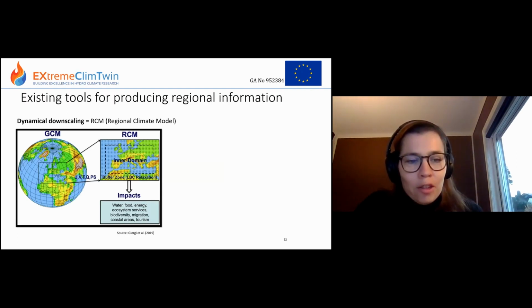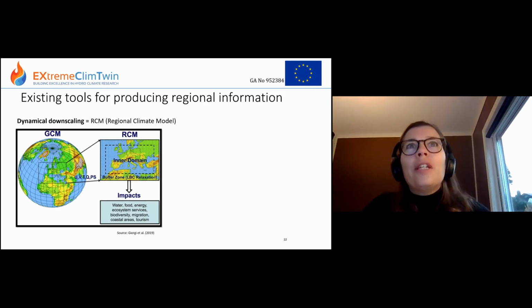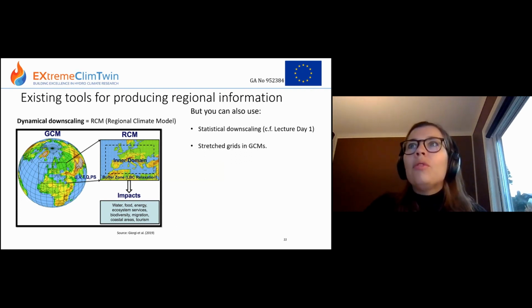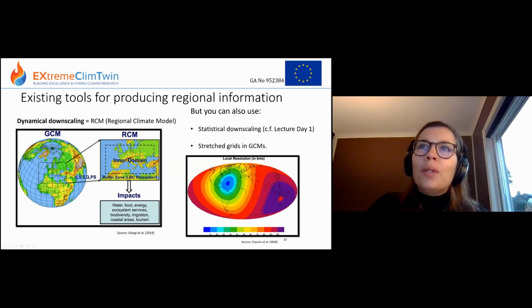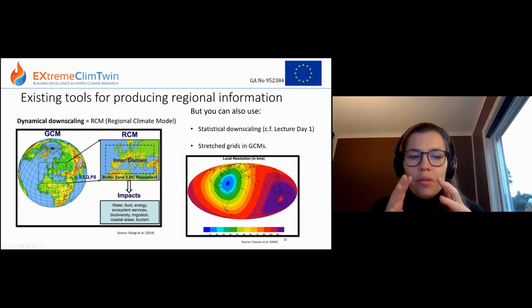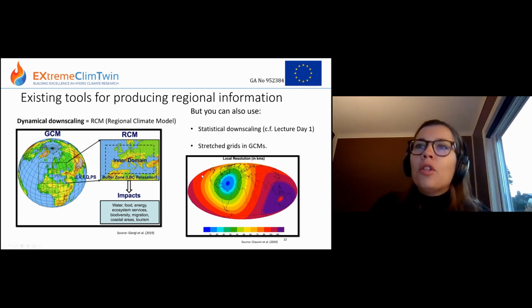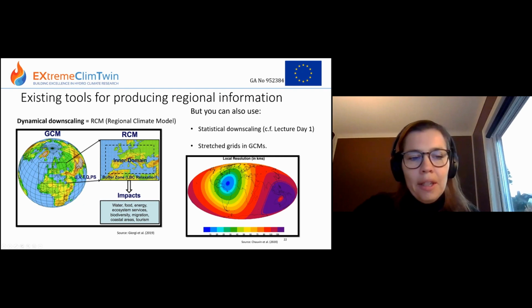So as I said before, dynamical downscaling or regional climate models are a tool for getting regional information, but we have different tools. You talked about statistical downscaling yesterday. And just in case you don't know about it, there are also possibilities of stretching the grids of global climate models. So you can increase the resolution of a global climate model just on one part of the globe.